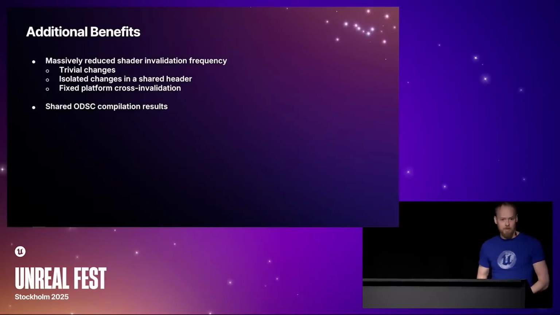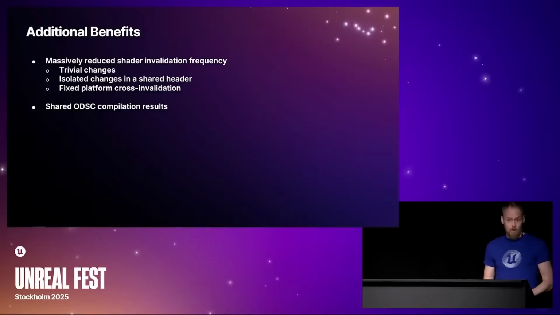People who aren't modifying materials just rarely have to compile any shaders at all anymore. We analyzed performance on this around the 5.5 timeframe because we weren't 100% sure that it was going to be faster to cache than it was to compile a lot of these shaders. But after a lot of measurements, we determined it made sense to just turn this on by default. So both for cooks and for editor, per shader caching is now on by default in 5.5 and later.